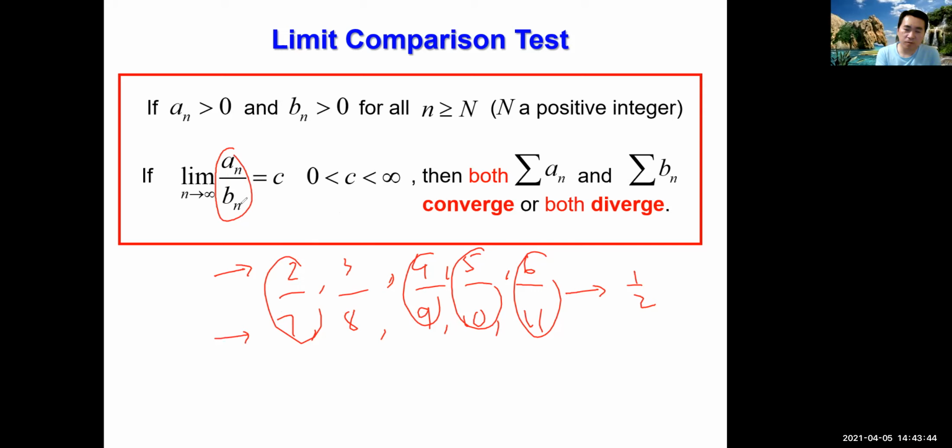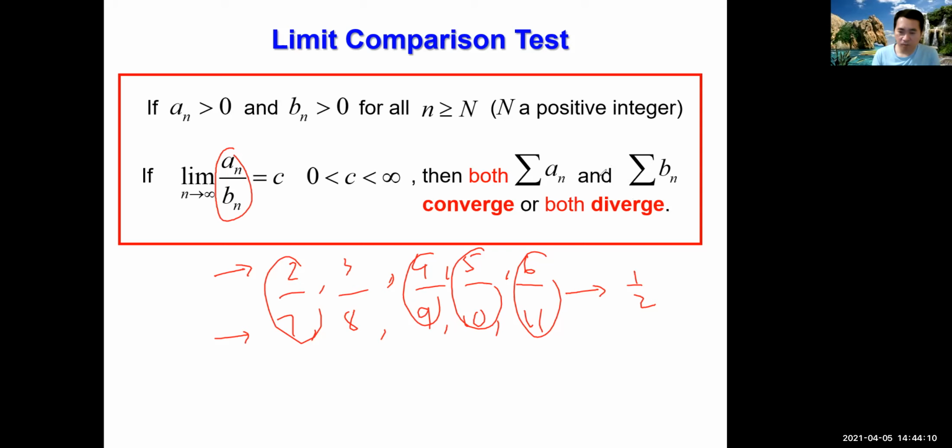Since the ratio is a half, you expect the sum to be about half. So the sum of the series a sub n is about half the sum of b sub n. That's why it says if a sub n converges, b sub n converges, and if they diverge, they diverge, because they have about some ratio. So they both converge or diverge at the same time.